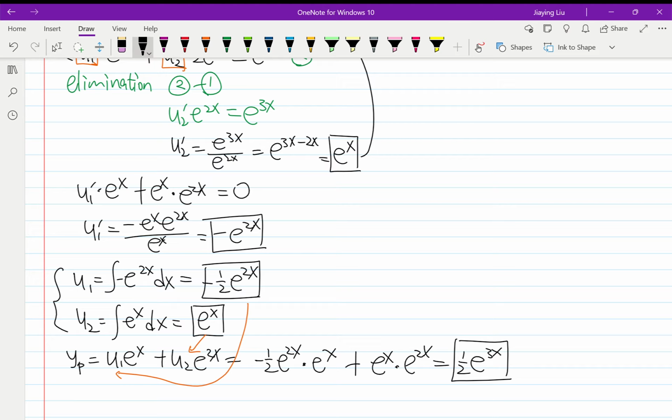That's the reason we don't add a constant, because the constant times y1, the constant times y2 will be absorbed into the homogeneous solution. That's a good point.